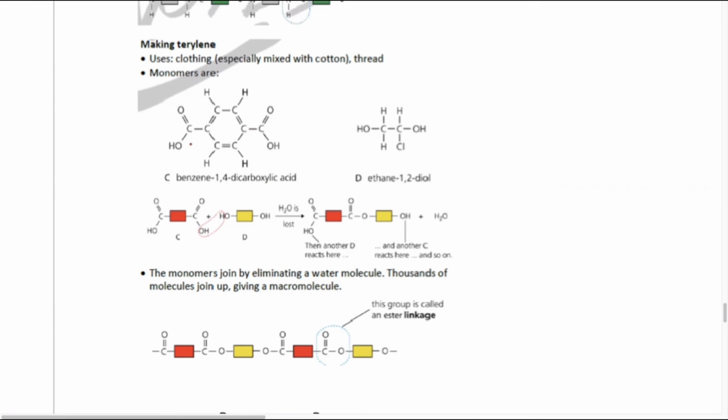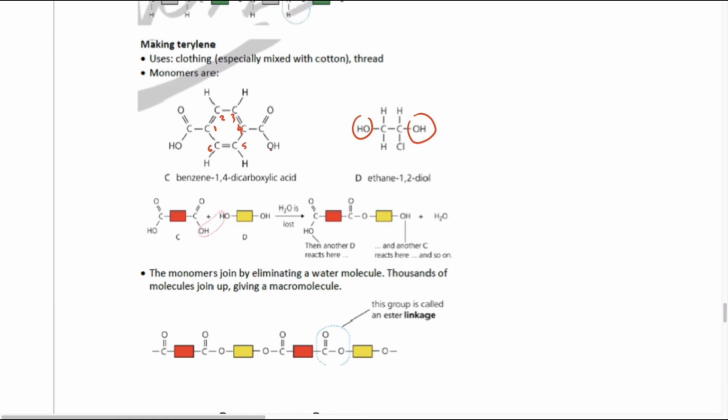So carboxylic acid on carbon 1 and carbon 4, like 1, 2, 3, 4, 5, 6. On 1 and 4 we have carboxylic acid. Then ethane-1,2-diol, so OH, OH. That is a diol.